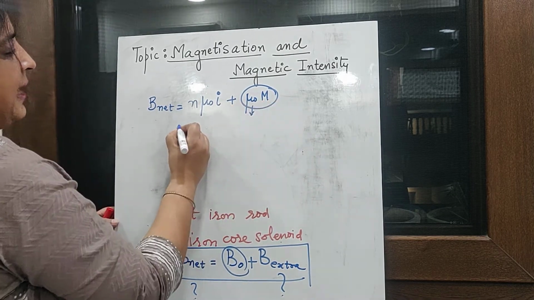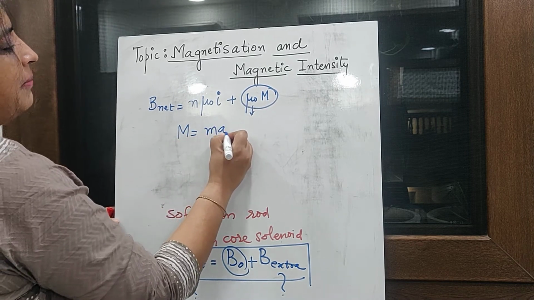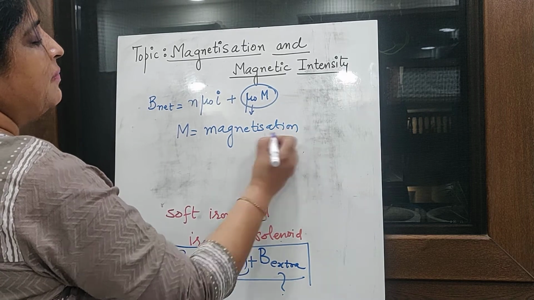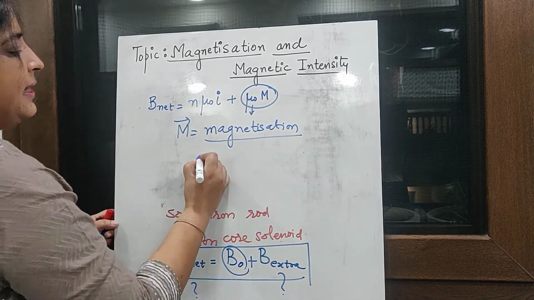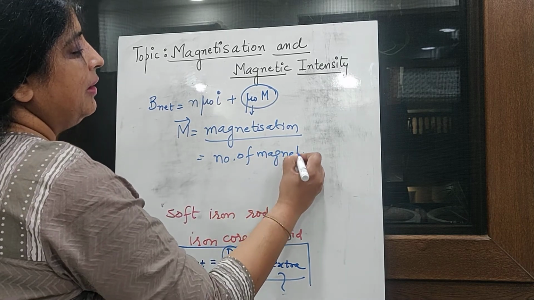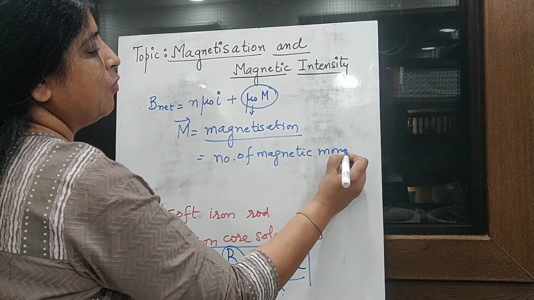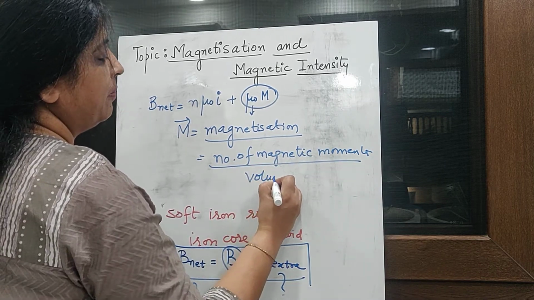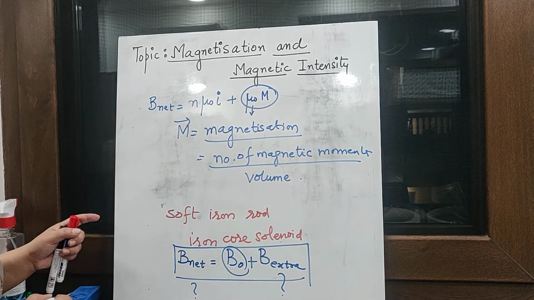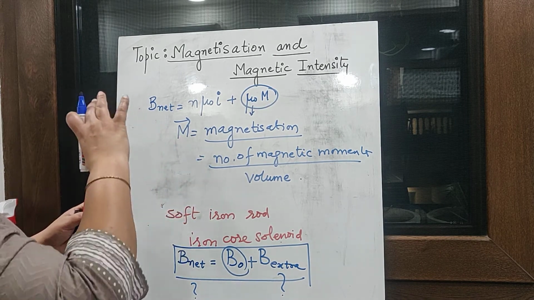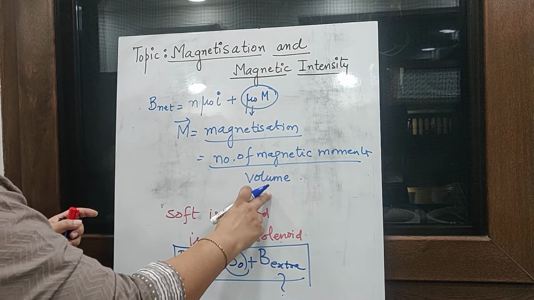Then M is the magnetization. So what is magnetization? It is the number of magnetic moments developed per unit volume. The magnetic moments developed inside the material per unit volume.